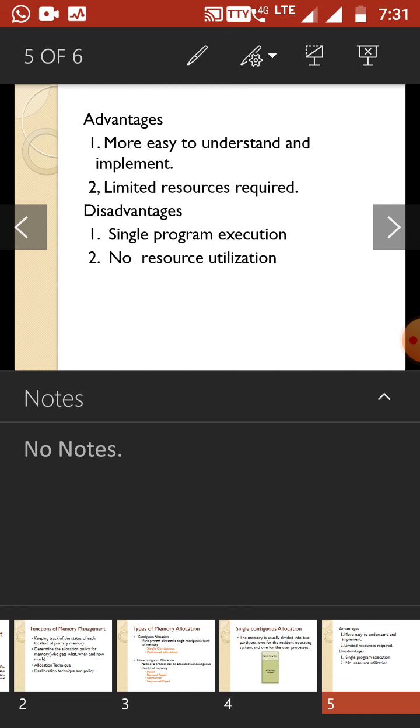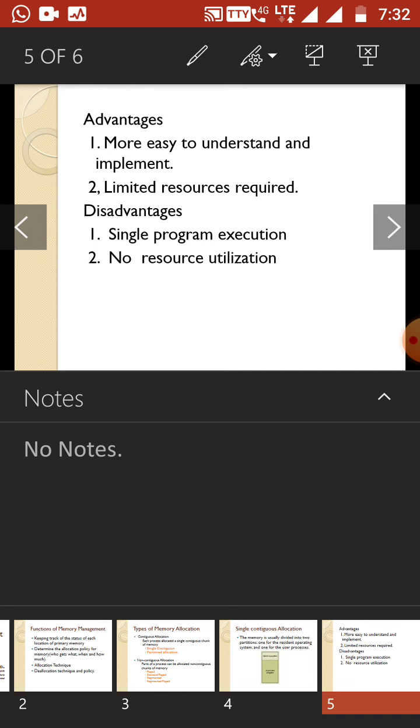Next, the single contiguous memory management technique has some pitfalls, that is, disadvantages. The first one is single program execution. At a time only one program may be executed. The technique supports executing only one user program at a time, so only uniprogramming is possible. The second one is no resource utilization.